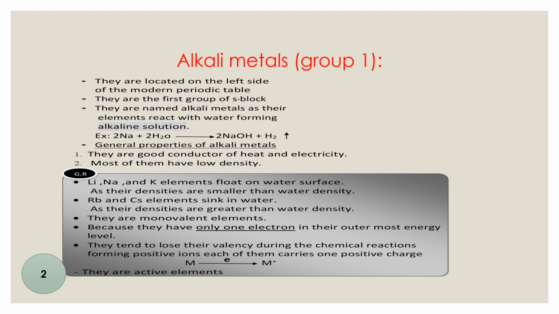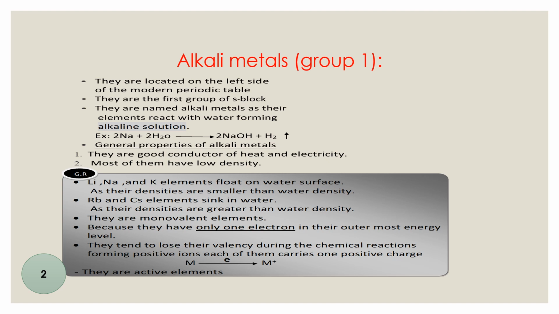For example, if we put sodium in water, that produces sodium hydroxide, and hydrogen gas evolved with pop sound. By this equation, 2Na plus 2H2O produce 2NaOH plus H2 evolved.